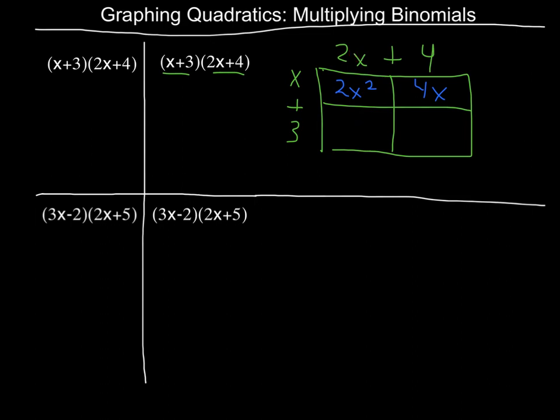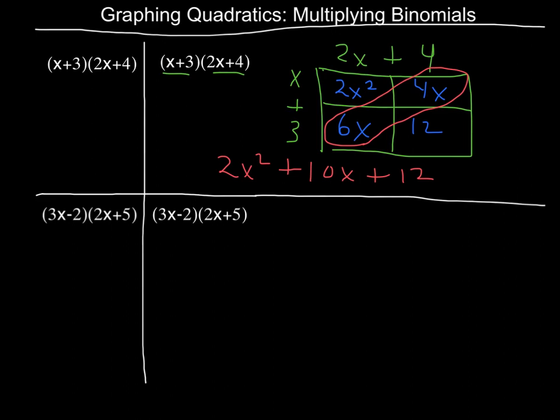That would give me 6x. And lastly, I have 3 times 4, which goes in this box, and that gives me 12. And then if I've done this well, if I've set them up correctly, I should always get like terms that are diagonal right here. So those two are the same, so I can combine like terms. And so my final quadratic is 2x squared plus 10x plus 12.